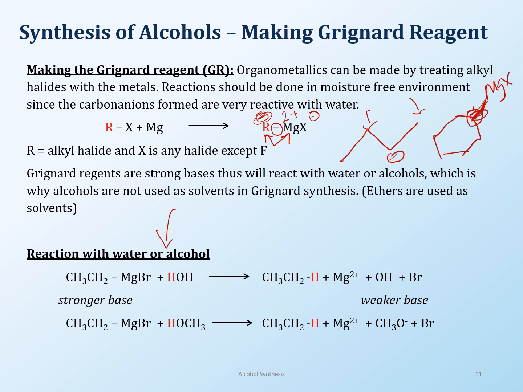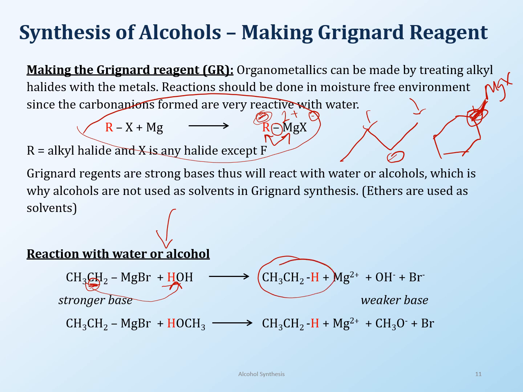If you have any water while you're making your Grignard reagent, then this carbon anion will start reacting with the hydrogen here, and it will pick up that proton from the water. I mean, water is amphoteric, right? It can be either acidic or basic. So here, since it's reacting with the base, it's an acid. So it will donate that proton and your Grignard is dead.